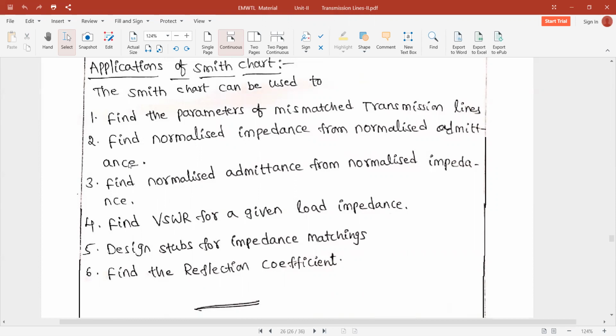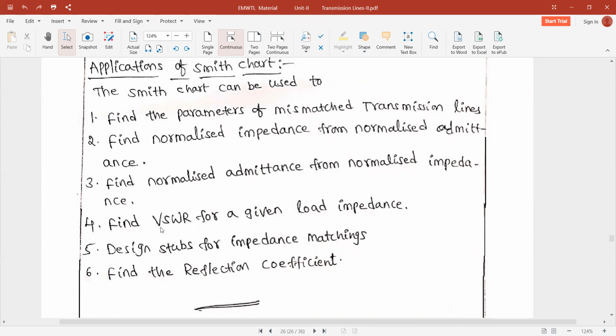Z is the impedance and Y is the admittance. You can find the normalized impedance from normalized admittance and the normalized admittance from normalized impedance.